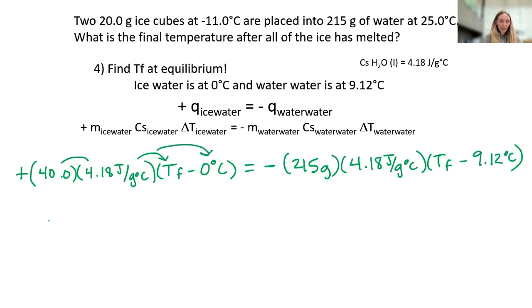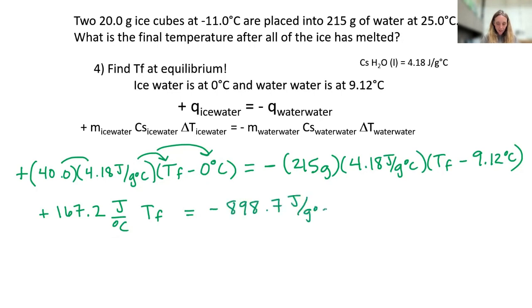Okay, and I get a positive 167.2 joules per degree Celsius, TF, and then all this is 0, equals negative 898.7 joules per degree Celsius, TF, plus 8,178.17 joules.